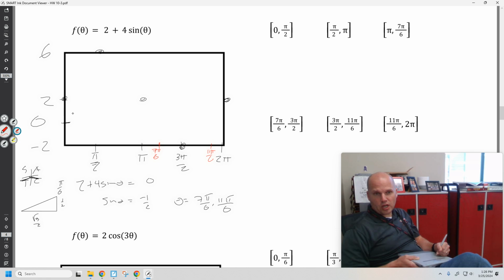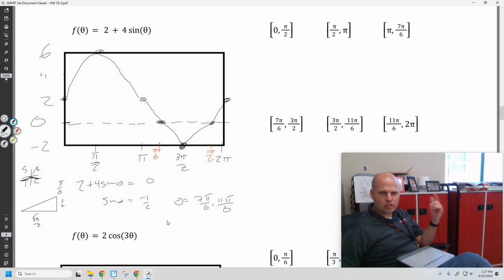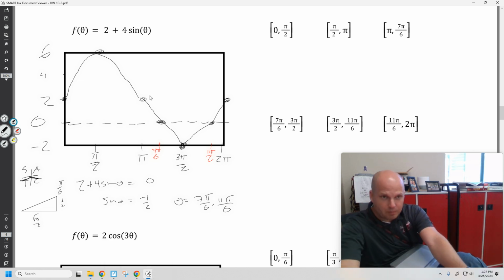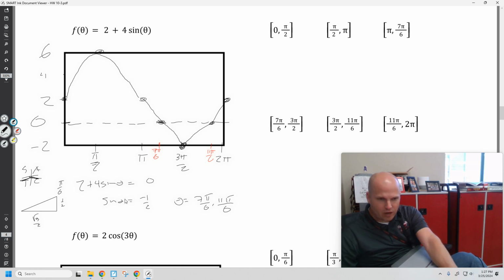If you want to include the other pi over 6s, great. 1 pi over 6 and 5 pi over 6 would give you 4. But you don't need to. But this is so important. When your radius hits 0 and then goes negative, then hits 0 and goes negative, everything flip-flops. Between 7 pi over 6 and 11 pi over 6, my radius is negative.